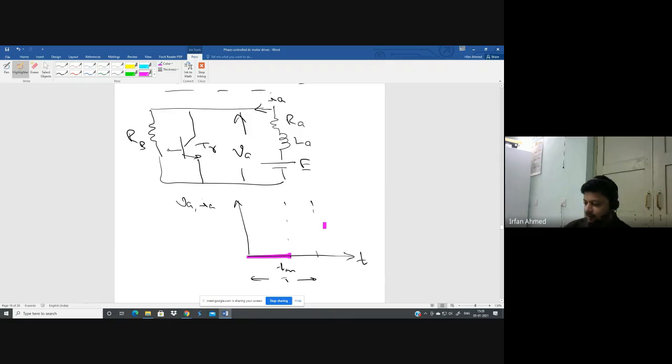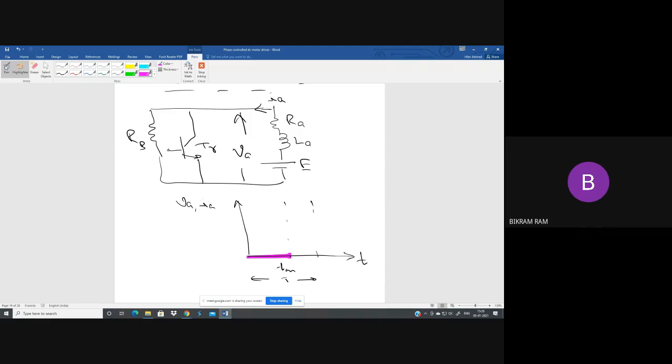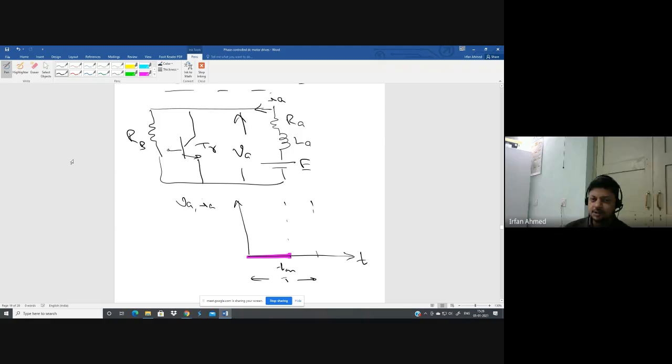What will happen to the armature current? Will it increase or decrease? It will increase, because the armature terminals are short circuited, and we are drawing the steady state waveform.